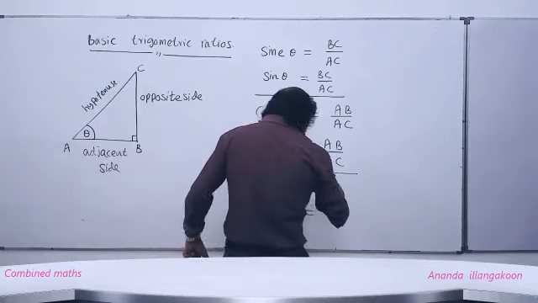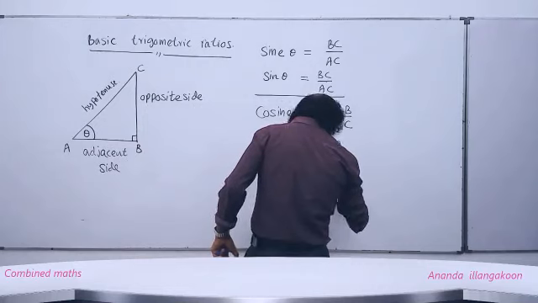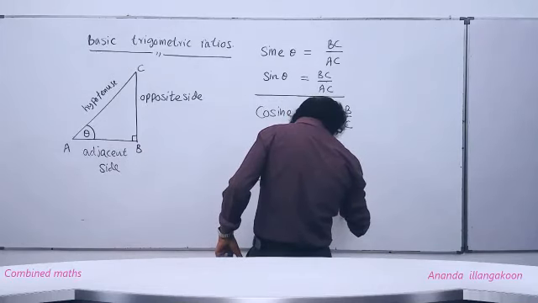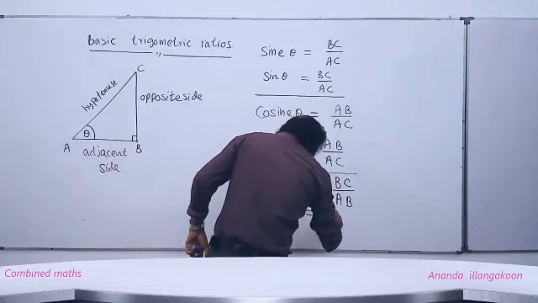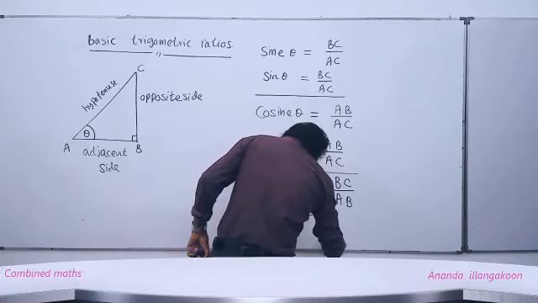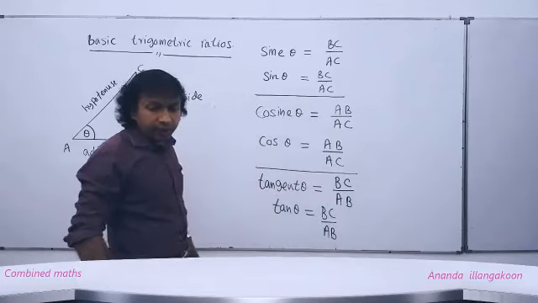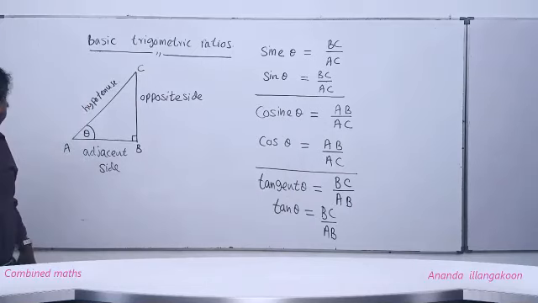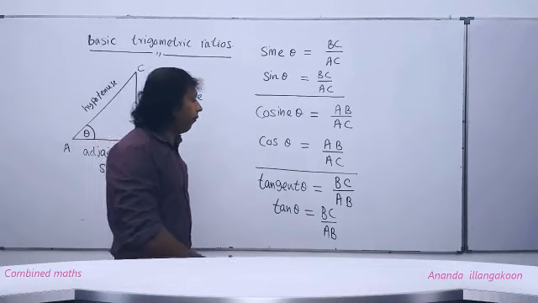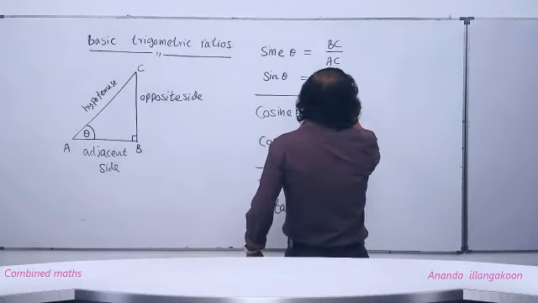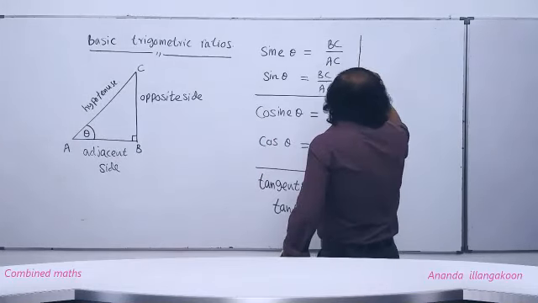BC divided by AB. So this way you have done this in your O levels, right? BC divided by AB. This way we define the three basic trigonometric ratios. Understood, right? Okay.